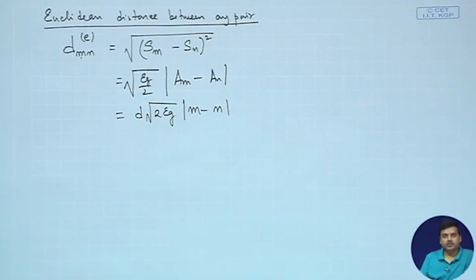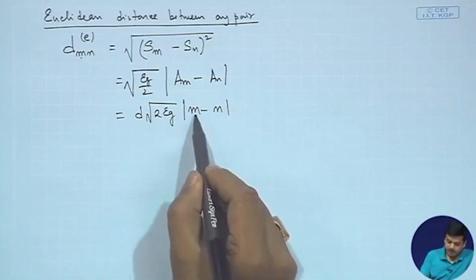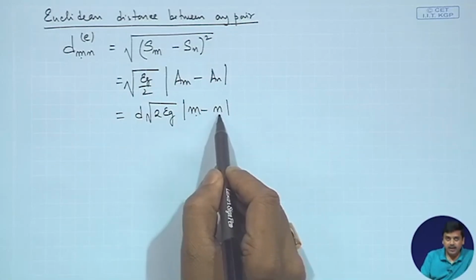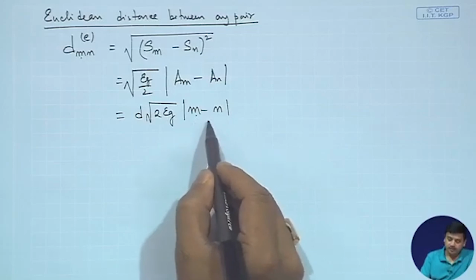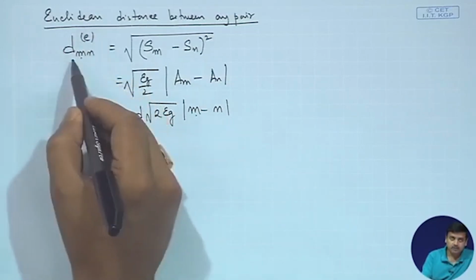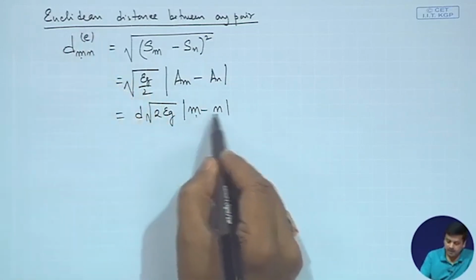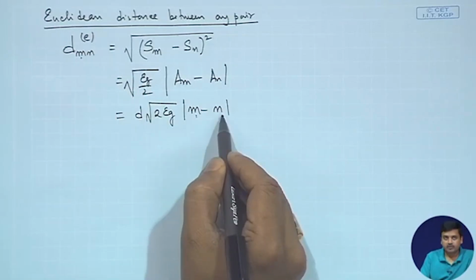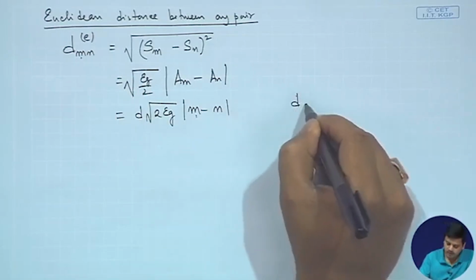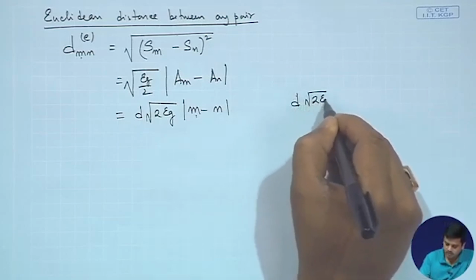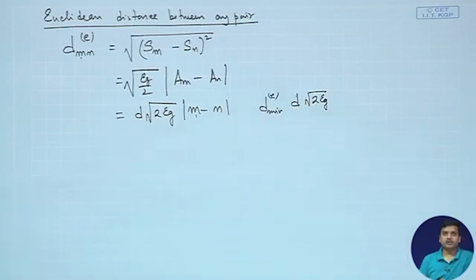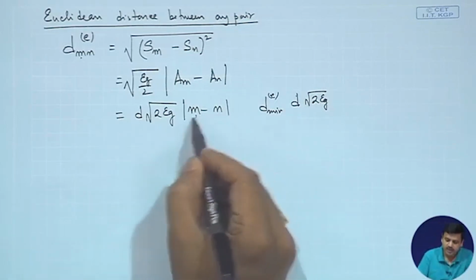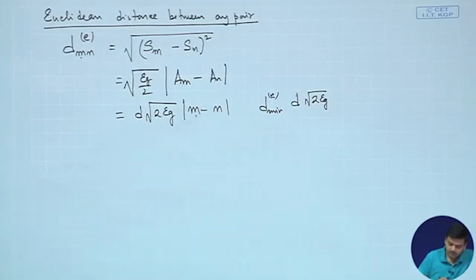This would be useful, and for m and n being neighbors, if you want to calculate the minimum distance, m and n would differ by at most a value of 1. So, you would get d root 2 Eg, that means the minimum Euclidean distance between the two neighbors, that is the closest. m and n could be any two amplitude levels.